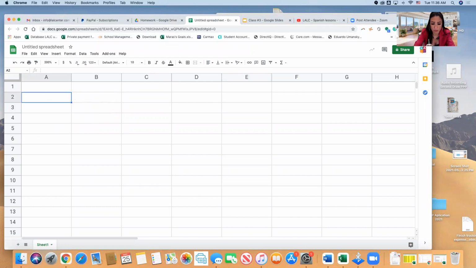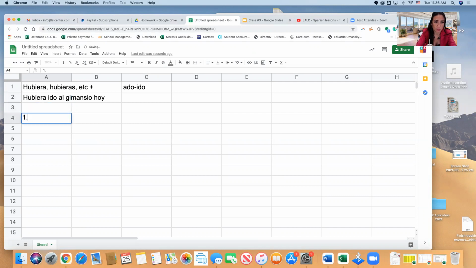So the first use: we're seeing hubiera, etc., plus the participio, ado or ido. For example, un ejemplo sería: hubiera ido al gimnasio hoy. So the first use is without the conditional, without habría ido or hecho.